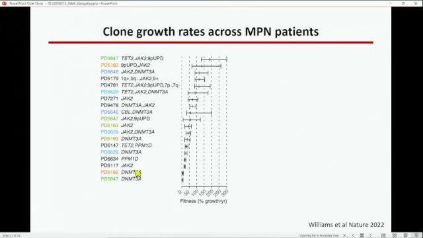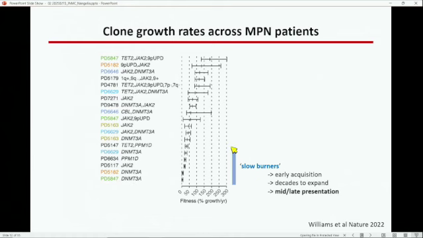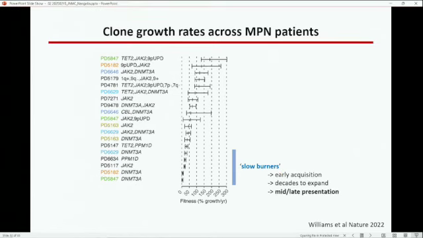So these are individuals with clones with just one mutation, then you have two mutations, some individuals had 3, 4, 5 mutations. And what you see really is that you have some individuals that have, I call them the slow burners. They have one driver mutation, usually occurred early, took decades to expand, and they often present in mid to late life.